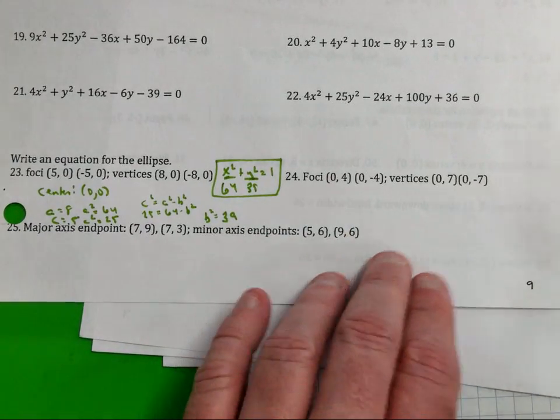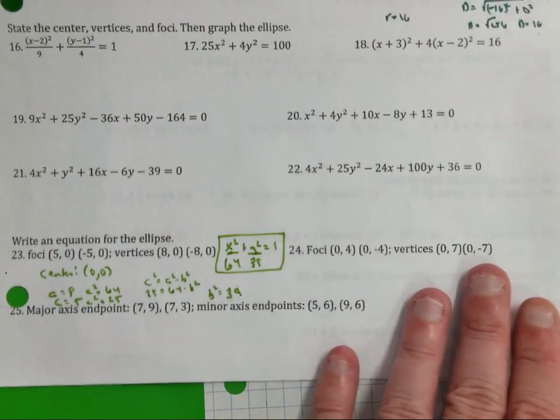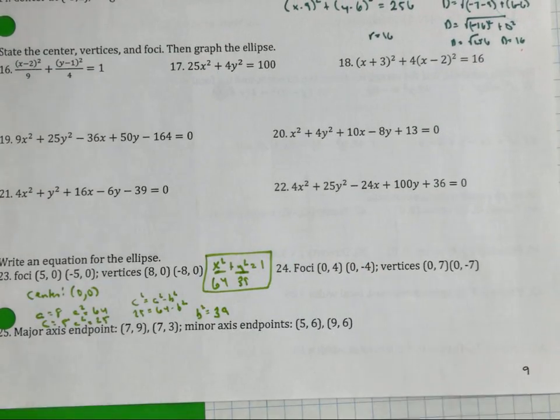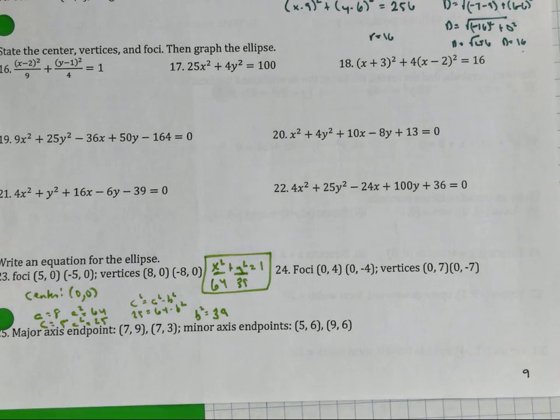Number 24. I look at this problem. I notice that my foci and vertices are on the same axis there, so I know, is this going to be horizontal or vertical? Vertical. So the larger value is going to be under the y. What's my center there, guys? 0, 0. If you can't see that, you can graph it. You can use graph paper if you need to.